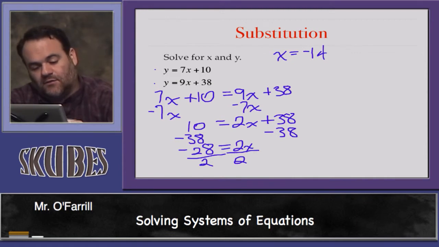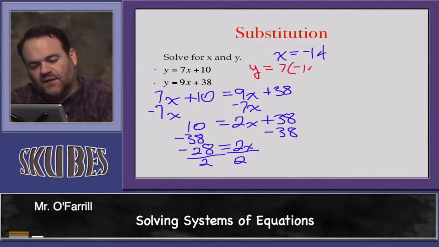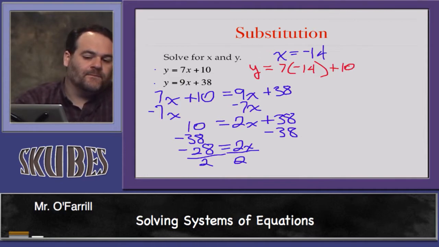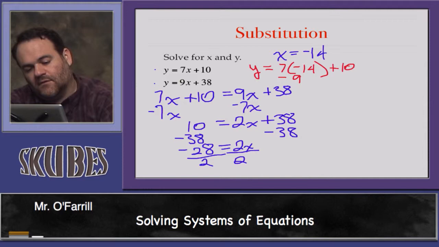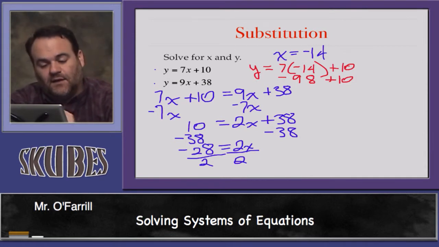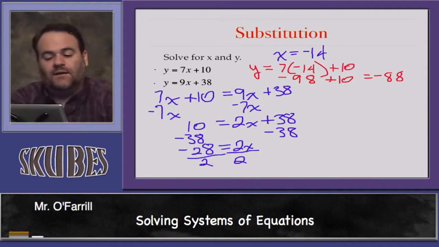We're saying that y equals 7 times negative 14 plus 10. 7 times negative 14 is going to be negative 98, and we add 10, and when you combine negative 98 and 10, we end up with negative 88.